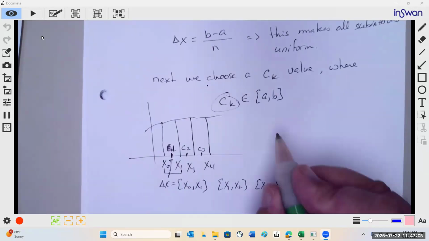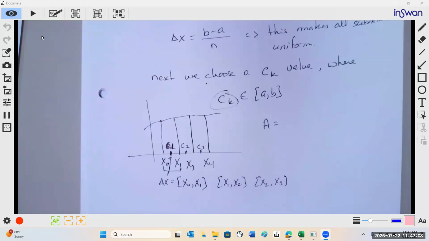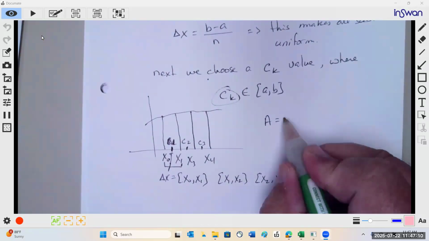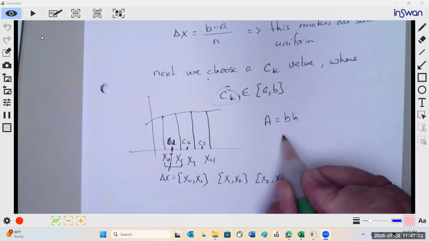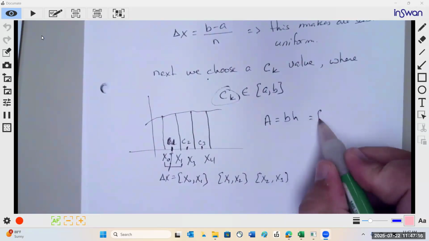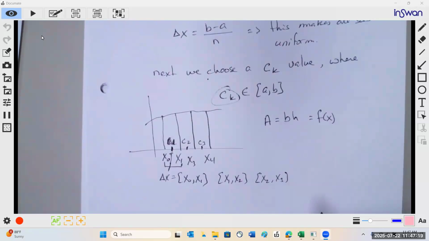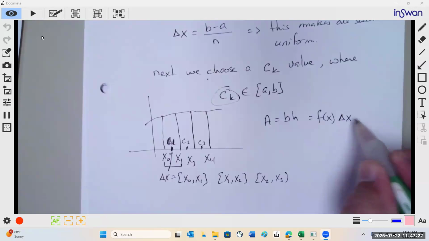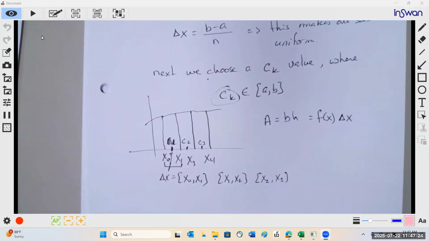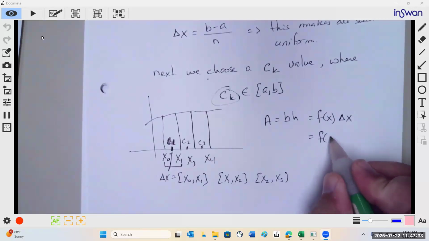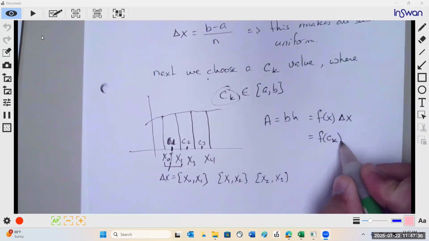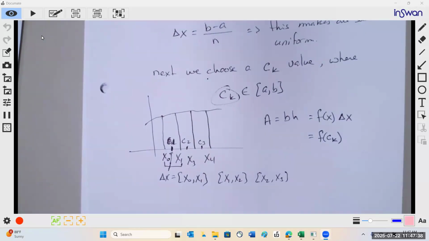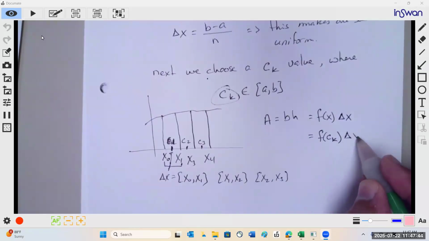Why do I need those? Because remember, what's the formula for area? Base times height. The height was the function, f of x. And the base is my width, delta x. But we have to define which x value we're going to use. We can choose any x value we want inside there. So we use C sub k, some value inside there, times delta x.